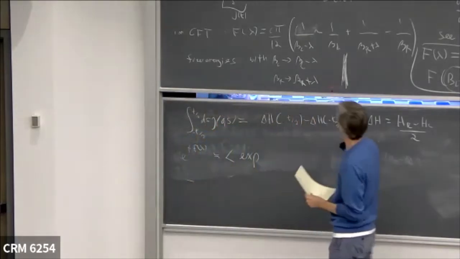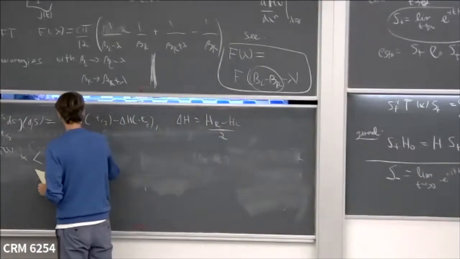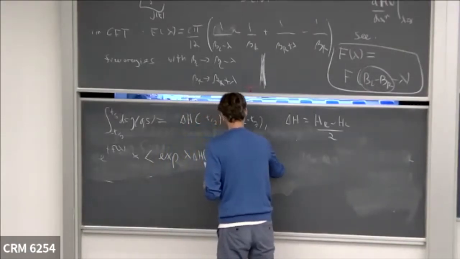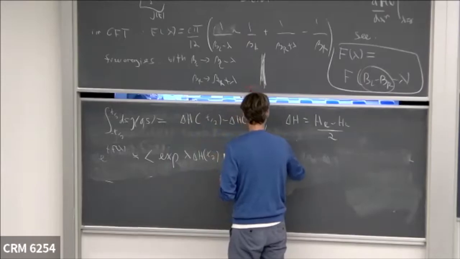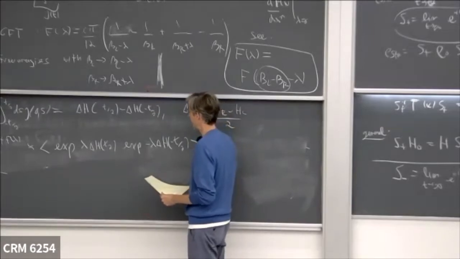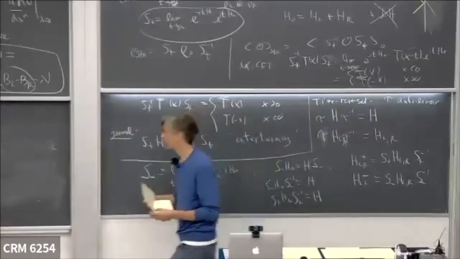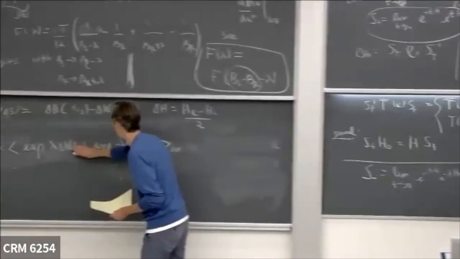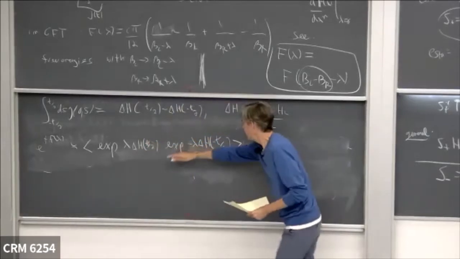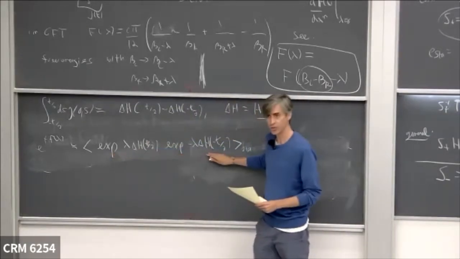And now, instead of putting the exponential of the difference, I'm going to put a product of exponentials: exponential lambda delta H of t over 2, and then exponential minus lambda delta H of minus t over 2, in the stationary state. I'm separating this exponential. Now, this is kind of a wrong thing to do in quantum mechanics because the delta H at two different times don't commute. There is t over 2 here and minus t over 2. This and that don't commute. So this is not the same thing as the exponential of the difference, which is what I should really write.